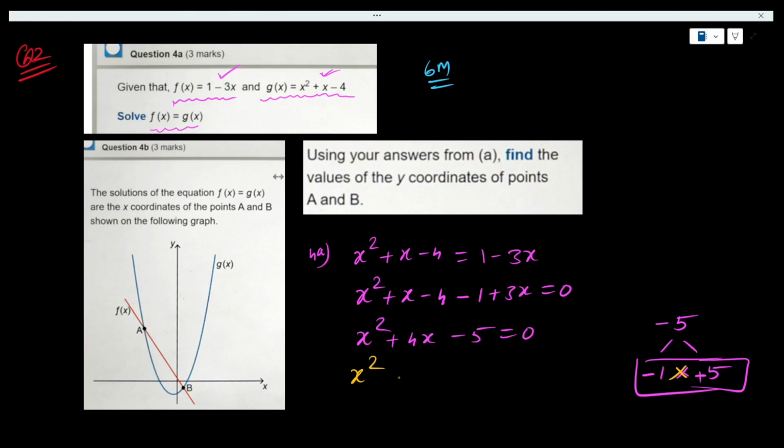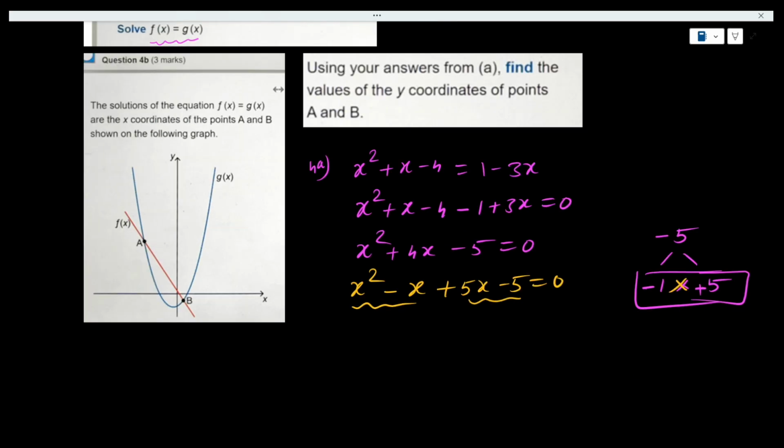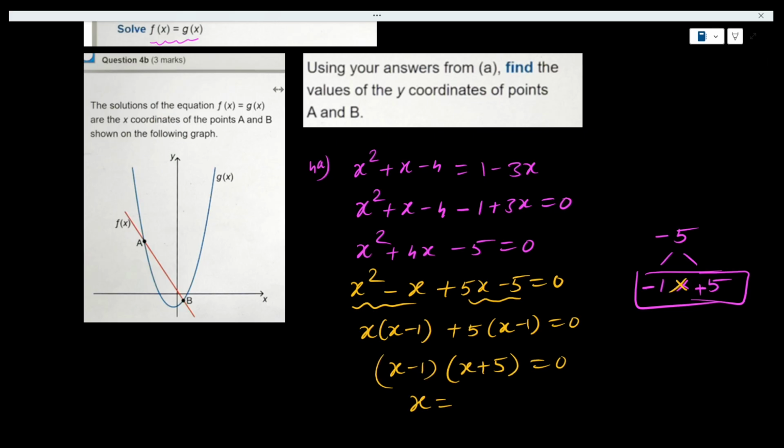So x square, then here I can write minus x plus 5x minus 5. Then if I do the grouping, x is common: x minus 1 plus 5, where x minus 1 is common. Then we get x minus 1 times x plus 5, which is going to be 0. So the solution is going to be 1 or minus 5.